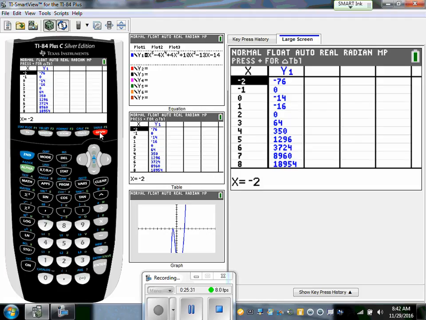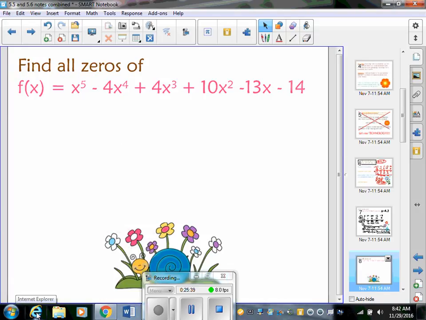So -1 is good, 2 is good, right? We know -1 actually shows up twice because it bounced off of it.